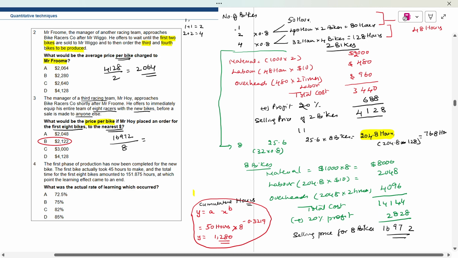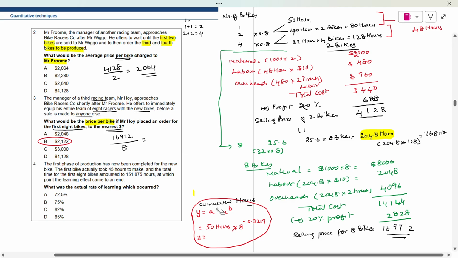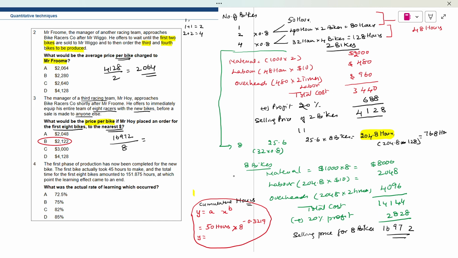Do the calculation very quickly. 8 to the power of minus 0.3219, times 50. 25.6. Coming now, dear. You have told me the wrong one. How much is there? 25.6. It is there. Check.